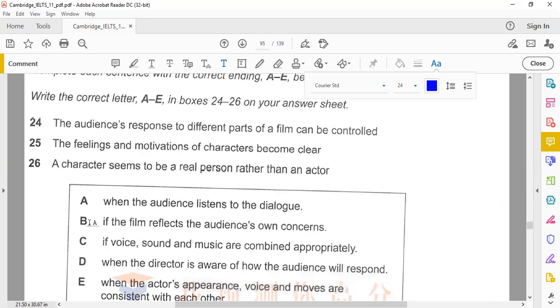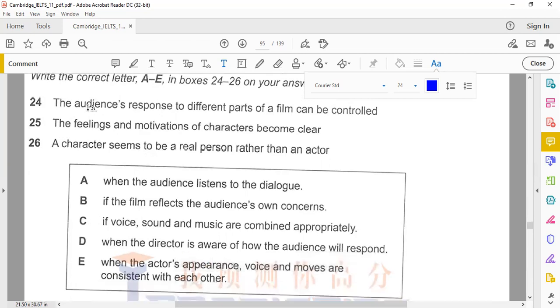So, 24, the audience response to different parts of a film can be controlled.